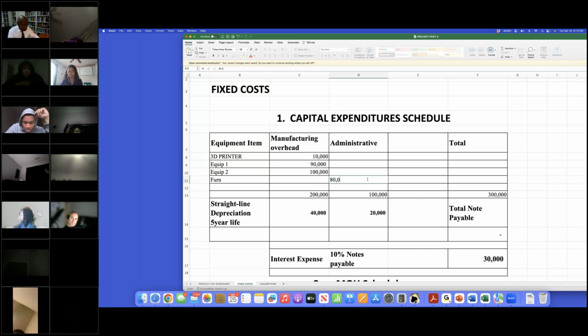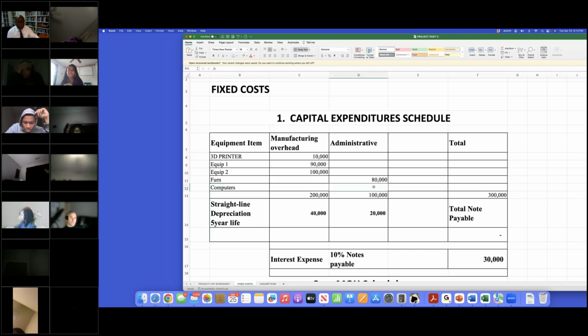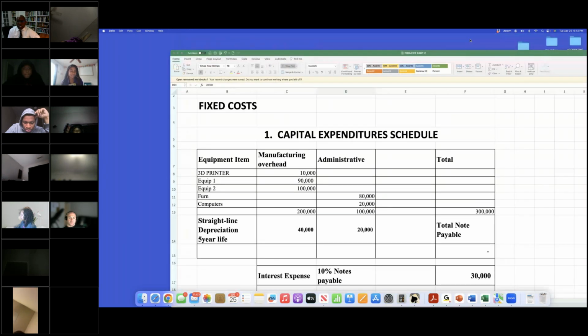Let's just say we have computers for 20,000. So some people gonna have their officers sitting on the floor with no computers or nothing. Most people gonna have, you know.